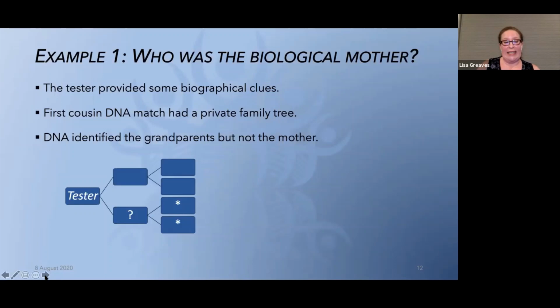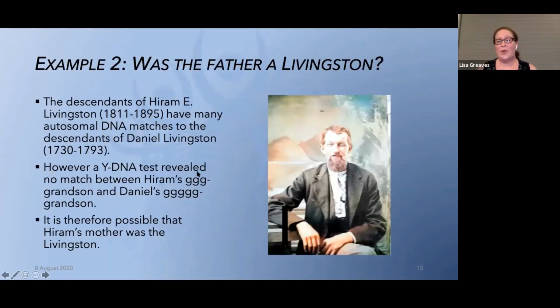The next case is considerably more complicated. I've been working on this for over a year. This is my family, by the way. I have a third great grandfather named Hiram Livingston, and he is like a Paul Bunyan in my family. He just went everywhere, did everything.